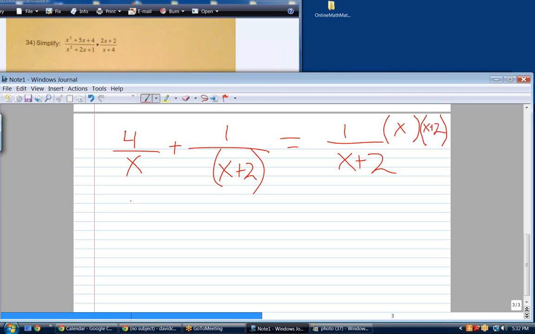There's the common denominator that would result, right? But we're not going to solve it by finding a common denominator. We're going to solve it by multiplying both sides of the equation by this term.